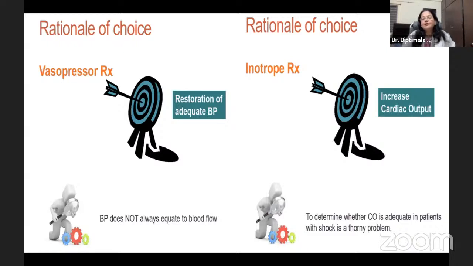To determine whether cardiac output is adequate in patients with shock is a thorny problem, but we having echo machines in our intensive care units, echo is of great help in assessing regularly the contractility of the heart, the ejection fraction, as well as the IVC. So it helps us in knowing the volume status as well as the cardiac contractility.